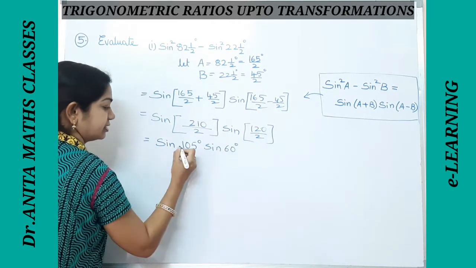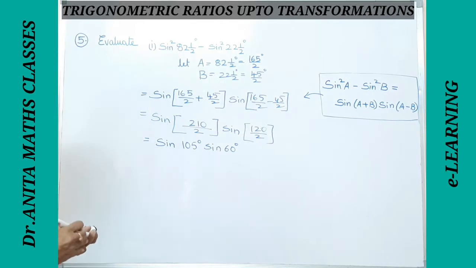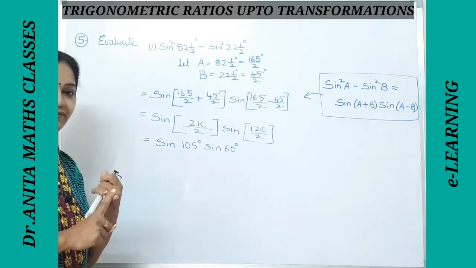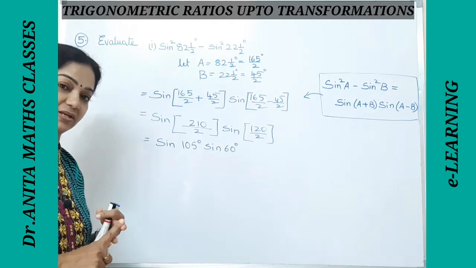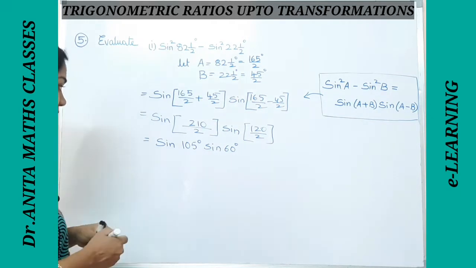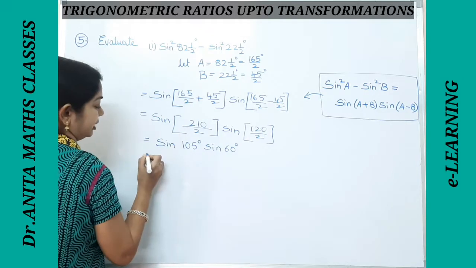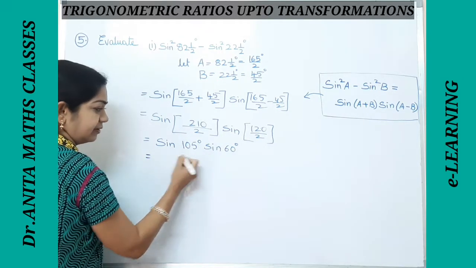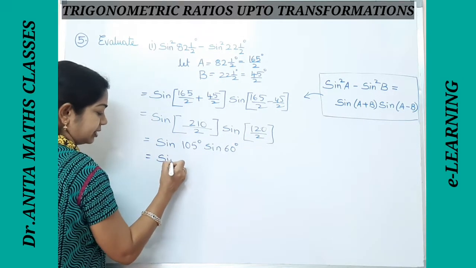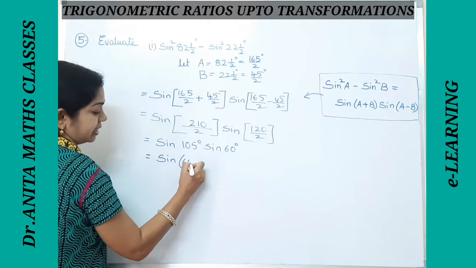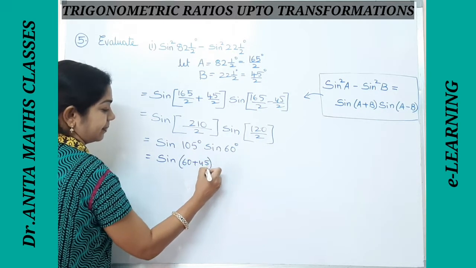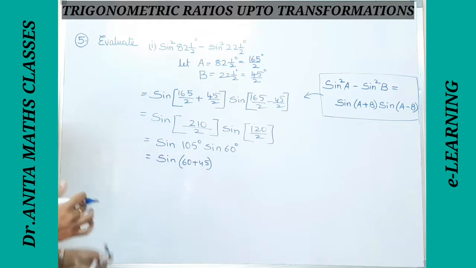You know sine of 60 degrees, and you also have to know 105 degrees. If you don't know the values of sine 75, sine 105, sine 15 degrees, you have to learn them by heart. In case you don't know, you can substitute like this: write sine 60 plus 45. But this will take some more time.